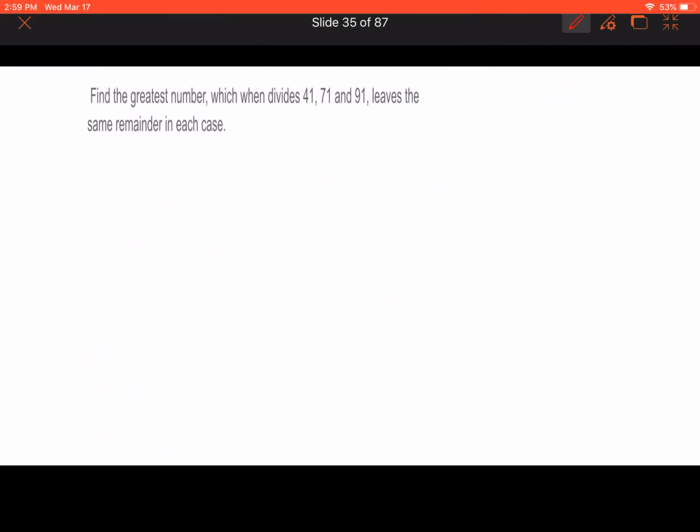In this sort of problem, we have to subtract the values: from 91 we subtract 71 and 41, and from 71 we subtract 41, and find out the values.